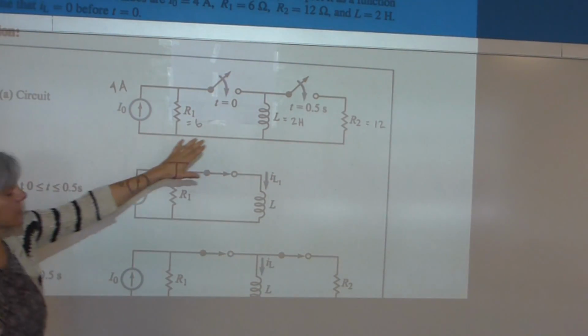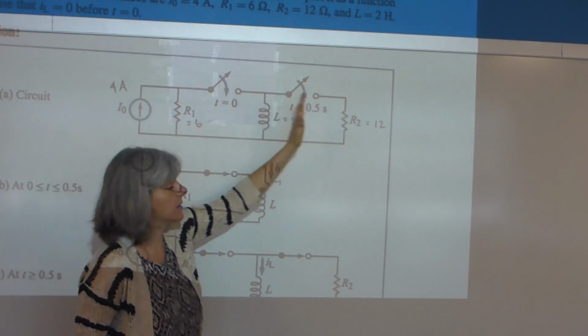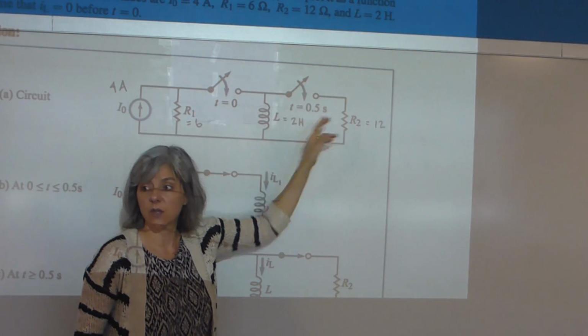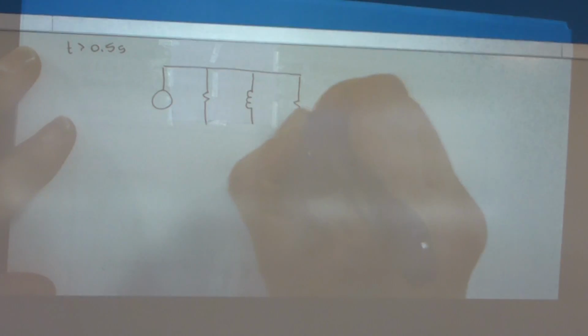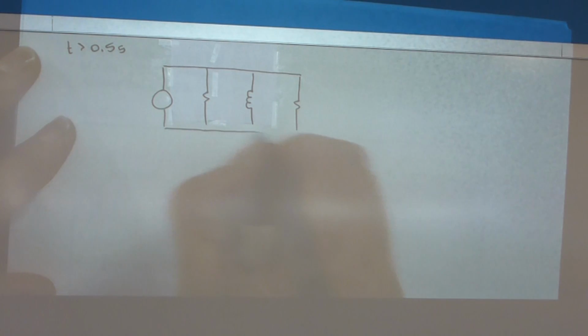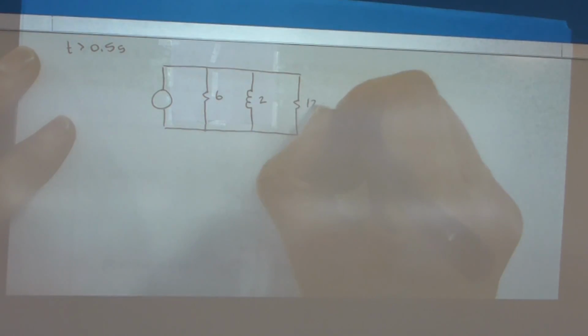When the second switch is thrown, I'll have the current source in parallel with R, in parallel with L, in parallel with a second R. So I'm going to have two resistors, and I'm going to need to fix that before I can do anything else. So here is our t greater than 0.5 seconds. You just draw it all out. Our resistors are 6, 2, 12.